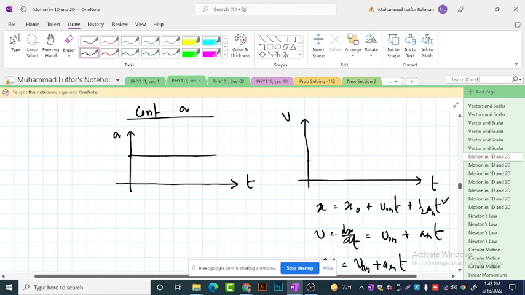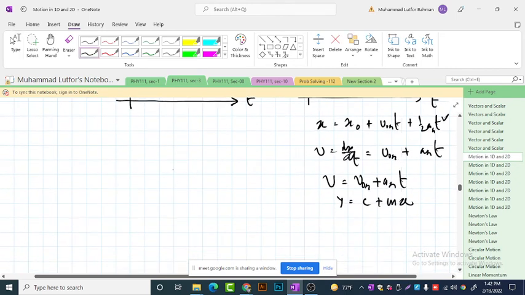If you take this slope, dv over dt, that gives you the acceleration, and the intercept would be my v naught, in the x direction if you consider the one dimensional case. So that would be the velocity versus time graph if a particle moves at a constant acceleration.